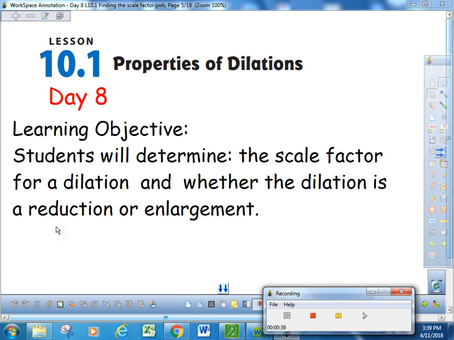And then we're also going to determine if the dilation is a reduction or enlargement, if it gets smaller or if it gets larger. You do have a note sheet that you should have picked up at the door, and you will not need your spiral notebook today.